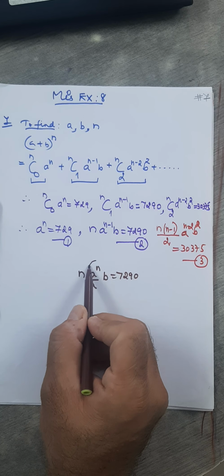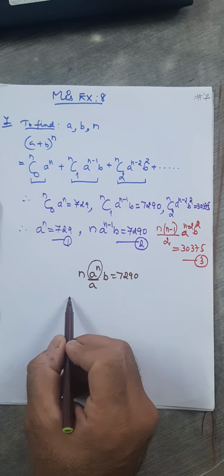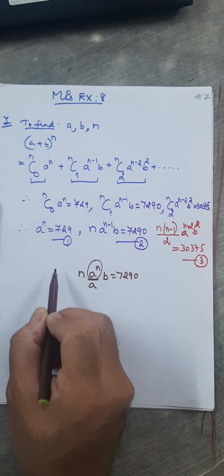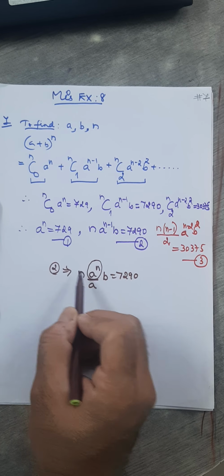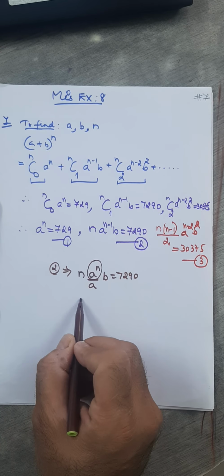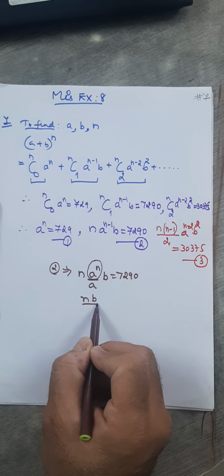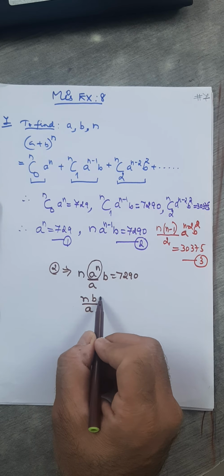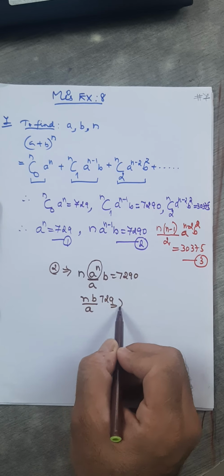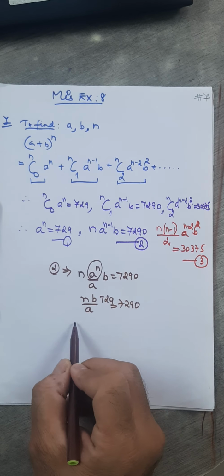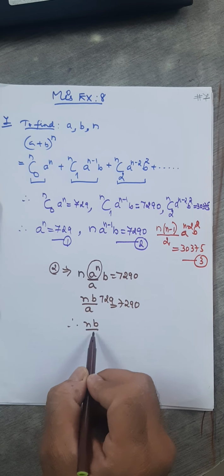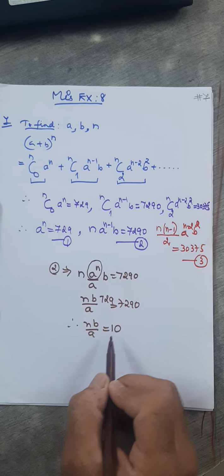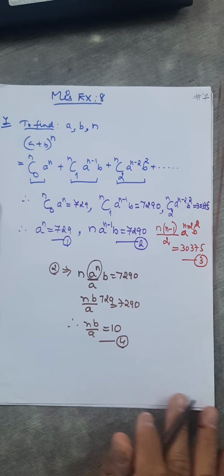But I know a raised to n. What is a raised to n? This is from equation 1, we have 729. So n into b by a, into 729, equals 7290. So you are just left with nb by a equals 10. Call this just equation 4.